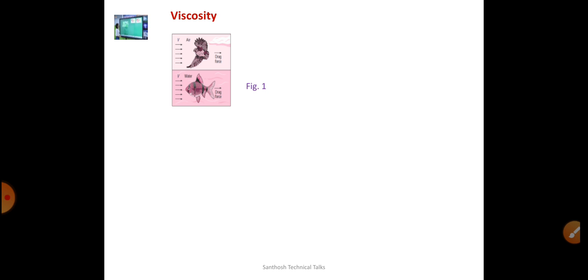For gases, if the temperature increases, the viscosity will increase. One thing you may also experience is that stirring syrup or oil is a bit more difficult than stirring water. Therefore, the viscosity of syrup is more than water. From this, we can understand that.